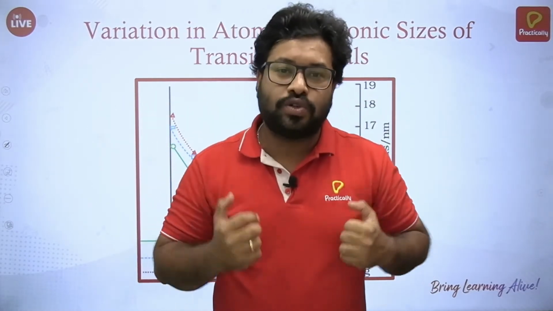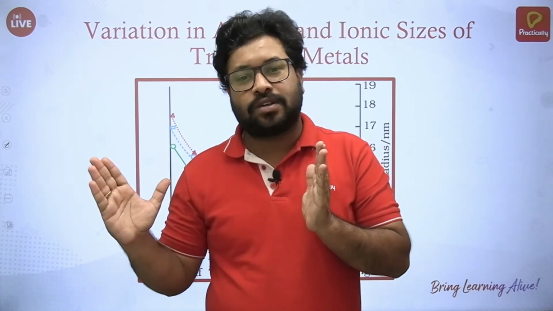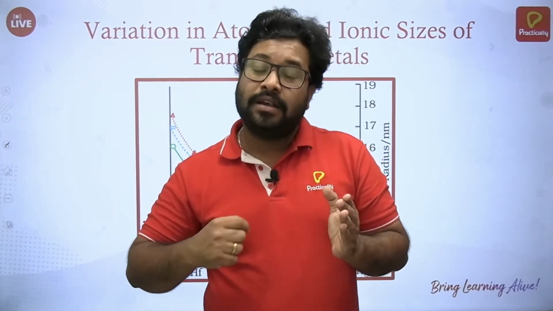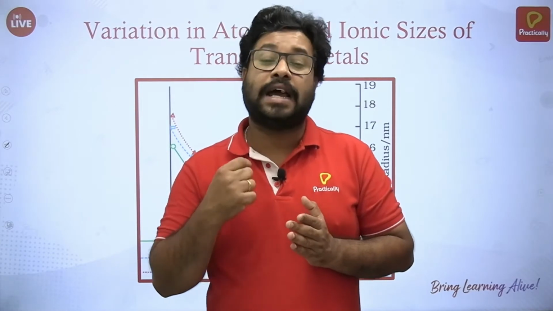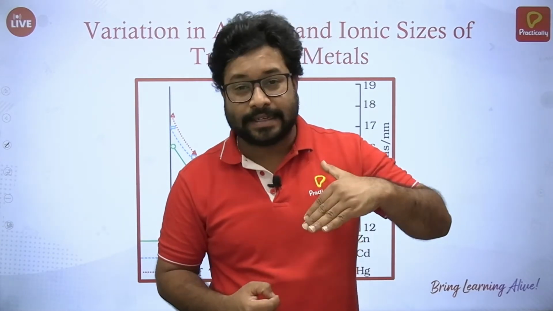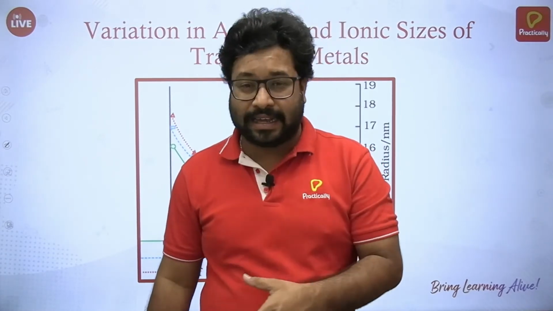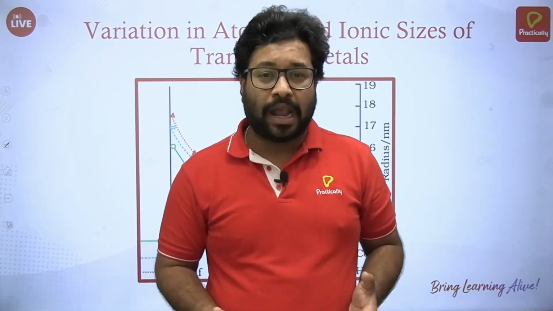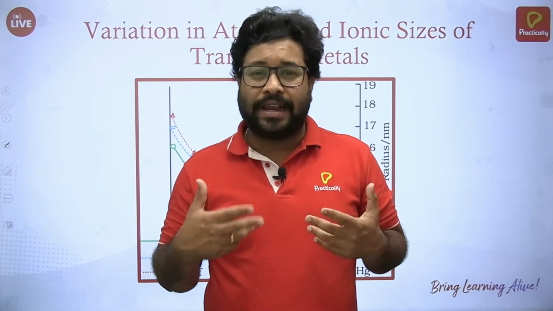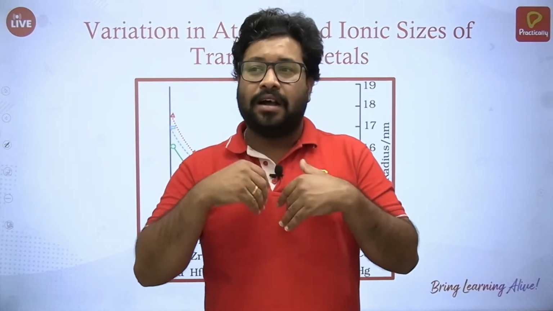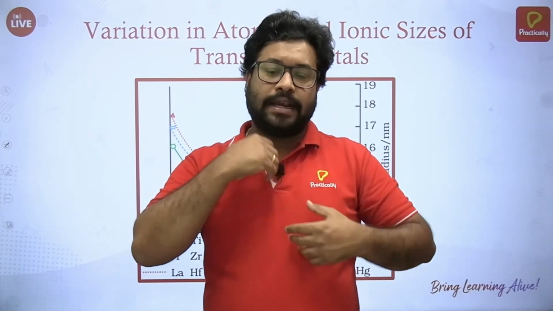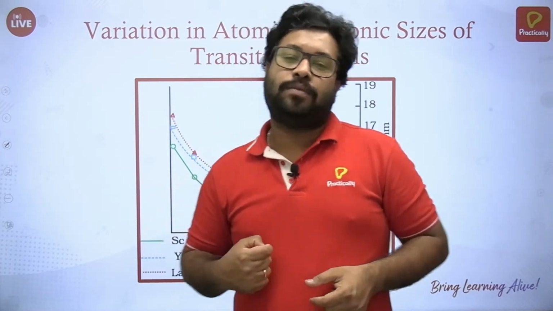In manganese also you have 5 unpaired electrons. But from iron, the pairing in the d orbital starts happening. Iron has d6, cobalt has d7, nickel has d8, copper has d10, and zinc also has d10. I'm not saying this pairing causes this. What I'm saying is that the electrons start pairing in the d orbital. In other words, there is more accumulation of d electrons.